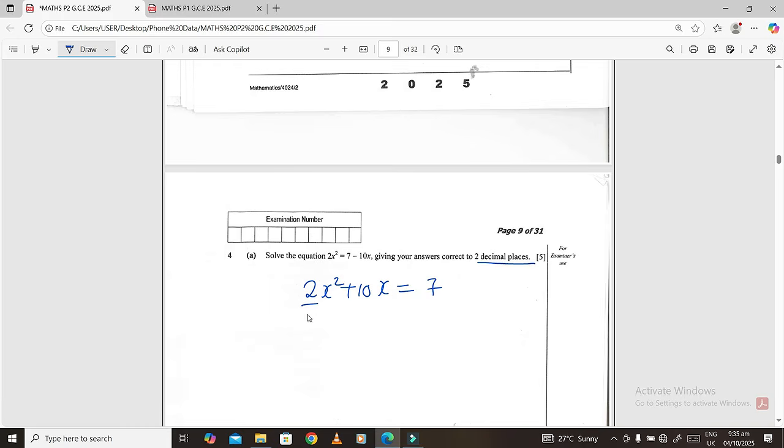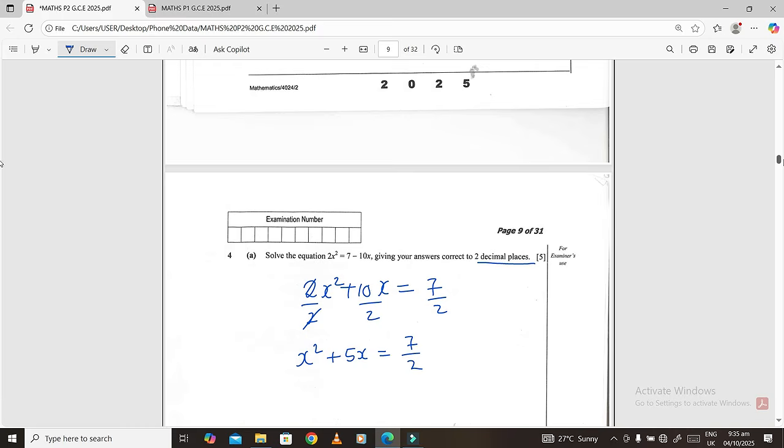And then make sure that at the beginning here there is a 1. So whatever number is in front of x power 2, divide it through all the terms. So this and this will go. You shall remain with x power 2 plus 5x is equal to 7 over 2.